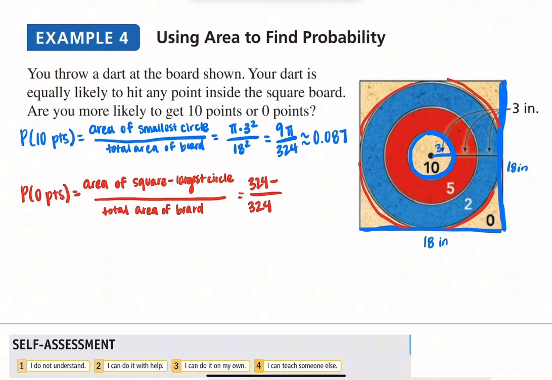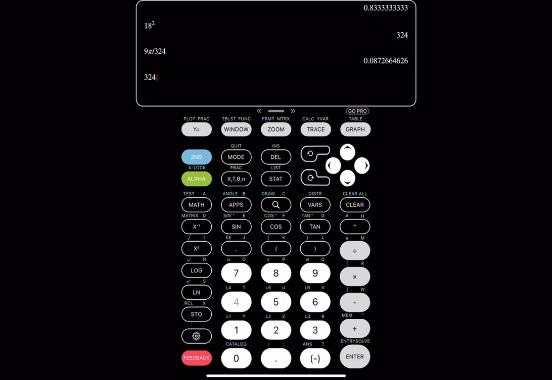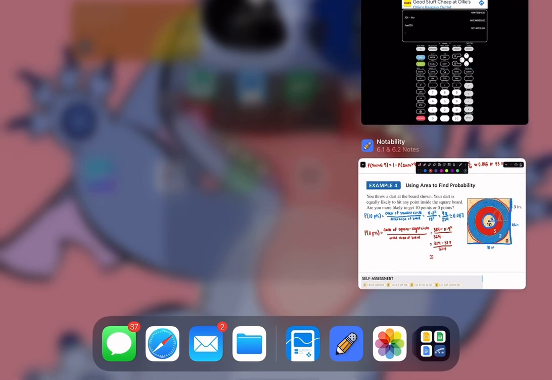Minus the area of the larger circle. So pi r squared, pi times 9 squared. So that'll be 324 minus 9 squared is 81 pi over 324. We'll find that as a decimal. 324 minus 81 pi divided by 324. So about 0.215.